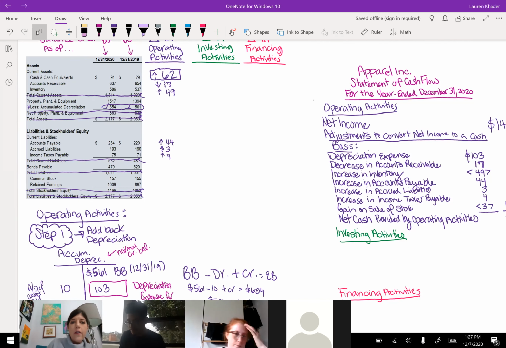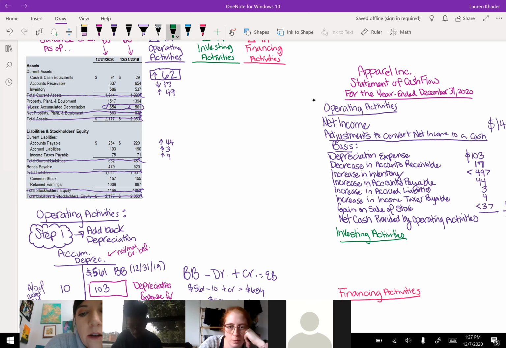So over in the balance sheet, we only have one long-term asset, property, plant, and equipment. We don't want the net because we've already taken care of accumulated depreciation. We want the gross. So we went from 1394 to 1517, which is an increase year over year of how much?